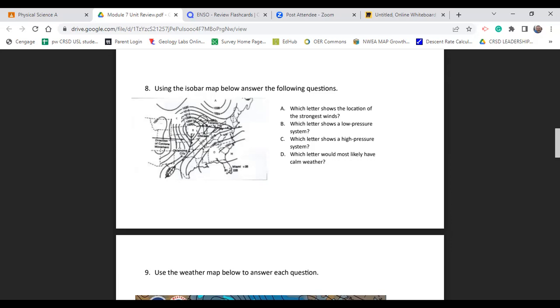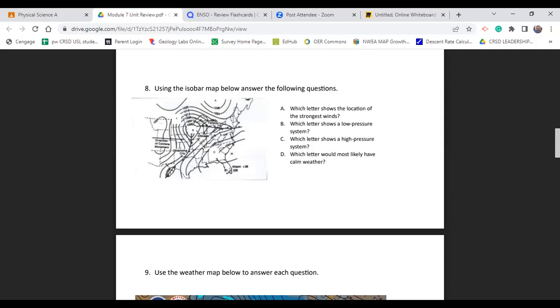But how do I know if it's a high or a low? Not quite, that's wind. The pressure is what matters, so if you go from the center and, as you go out, the pressure goes up, that means it's a low pressure. Wind always goes from high to low.